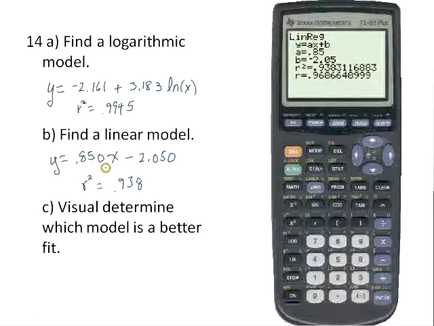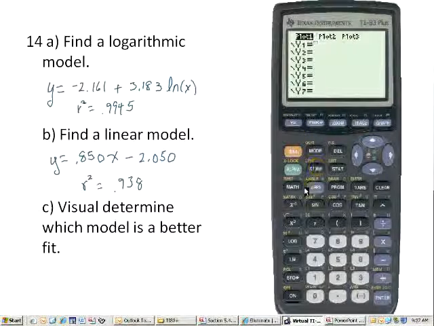They did ask us to do one other thing here and visually determine which is the better model, and we already did that for problem number 13, but we're going to make it even better here. We're going to put these two in the calculator. If I put the first one in, I have negative 2.161, plus 3.183 times the natural logarithm of x, and that's our first logarithmic function.